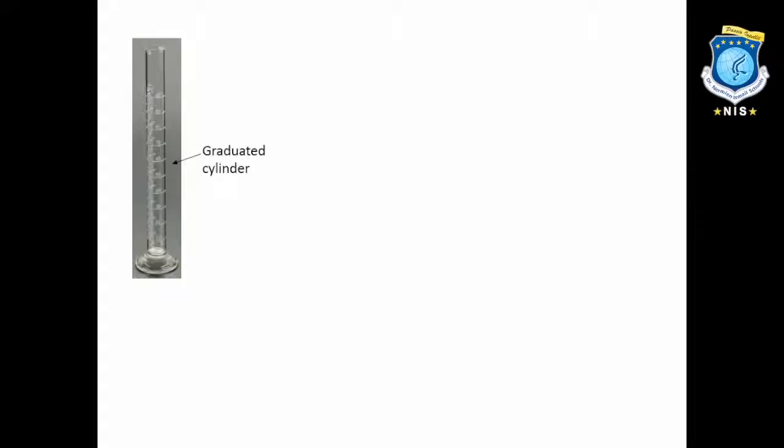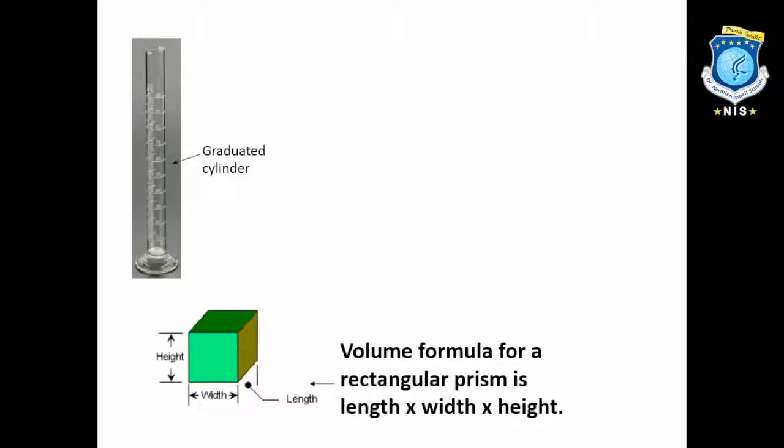Okay, let's take a look at what I mean further. This is a graduated cylinder, which is used to measure the volume of an irregular solid, like a piece of rock. Over here though, because this is a regular solid, you can actually determine the width and the height and the length, so you can use the mathematical formula, which is length times width times height.